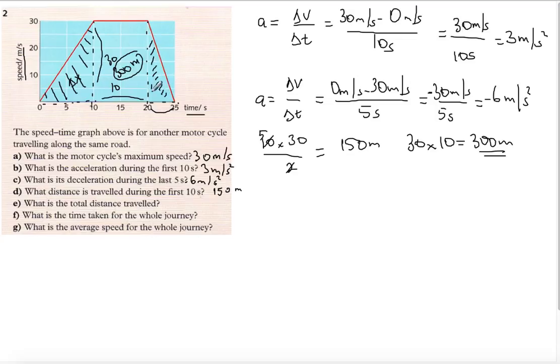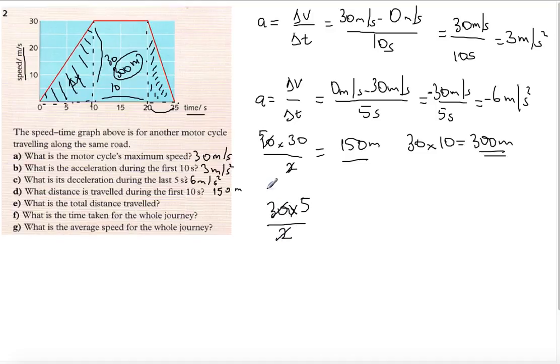Let us look at the last part. Yes, there is a deceleration, but again it moves in the positive direction. Speed is still positive, and the distance taken in the last 5 seconds is 30 times 5 out of 2.